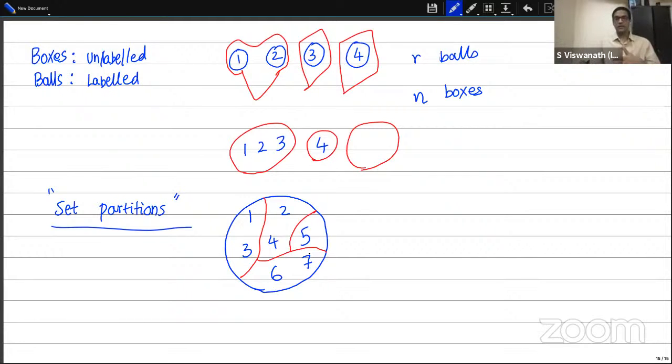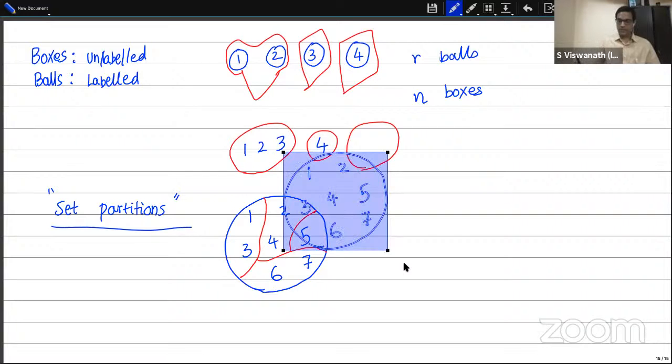Such a thing is called a set partition. A set partition is a collection of pairwise disjoint subsets of your set whose union is the whole. So now you can write many other set partitions.